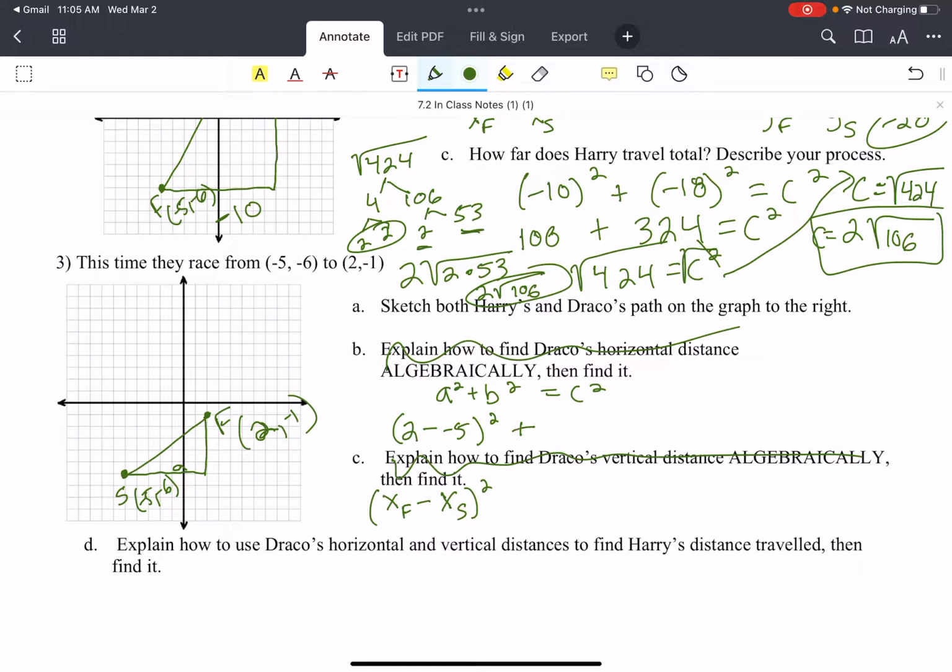And then my B is my Y finish minus Y start. So for this one, that's -1 minus -6.